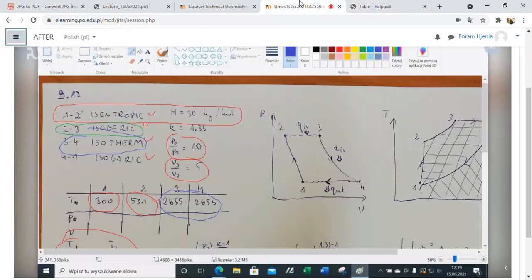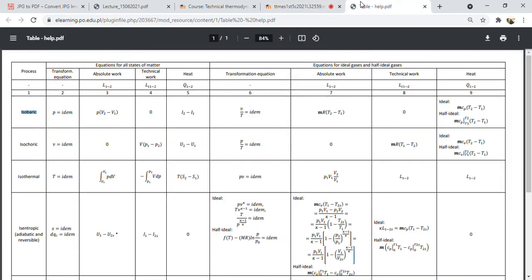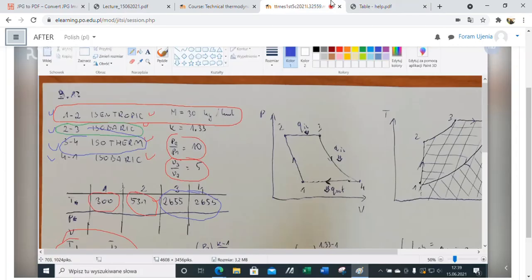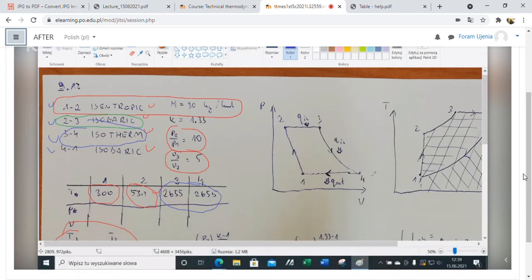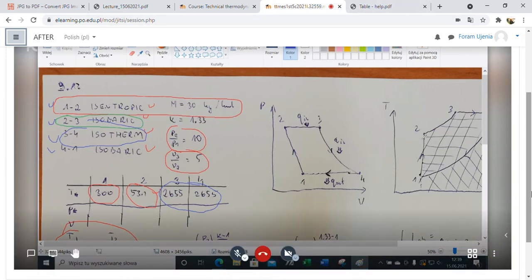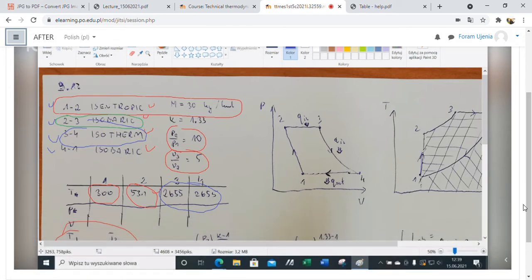Yes. We know the 4 transformations, and we can prepare the TS diagram. Okay. The lowest temperature is at point number 1. Then we have isentropic transformation. So the temperature increased to nodal point number 2, like that.